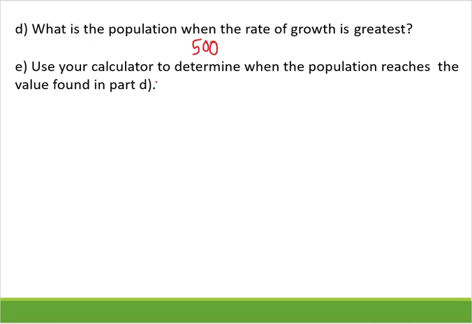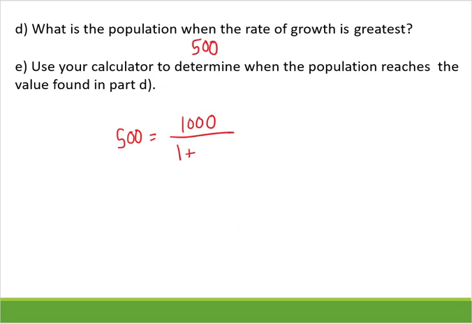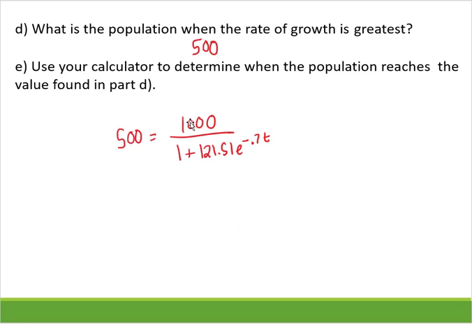Part E, use your calculator to determine the time for the population found in part D. So you set the equation that they gave us, 500 equals 1,000 over 1 plus 121.51 e to the negative 0.7t. Do I have that right? Yes.